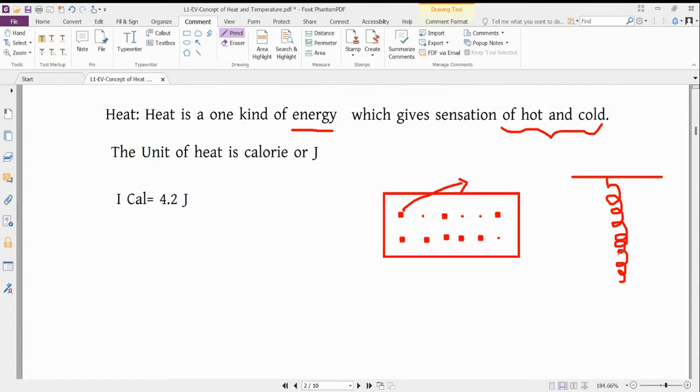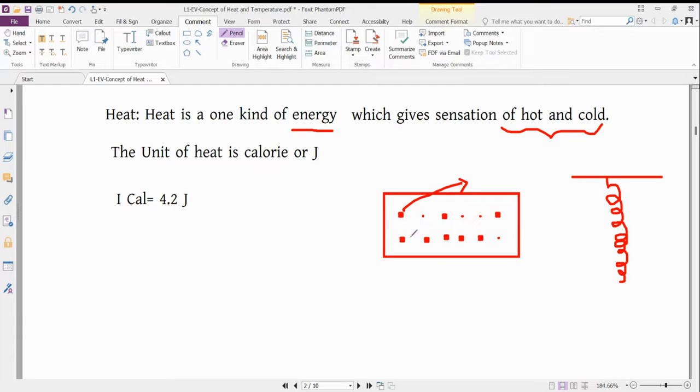The characteristics of the vibration of these molecules are almost the same as the vibration of a spring, or simple periodic motion.